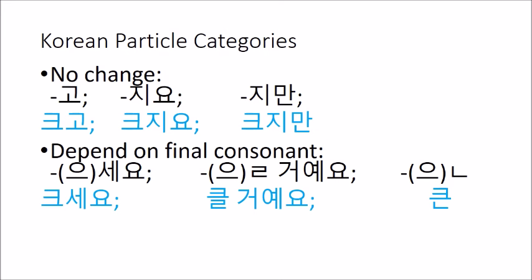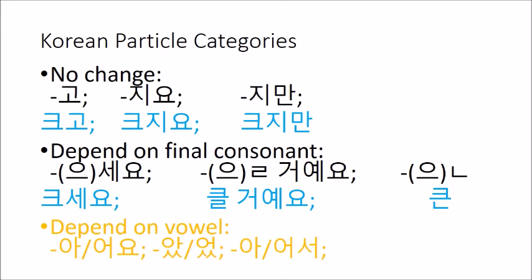Okay, the difficulty that we have with vowel ㅡ is the particles that require us to look at the vowel within the word stem. As you can see in this category, they have the options 아 and 어, which stand for the bright vowel and dark vowel.